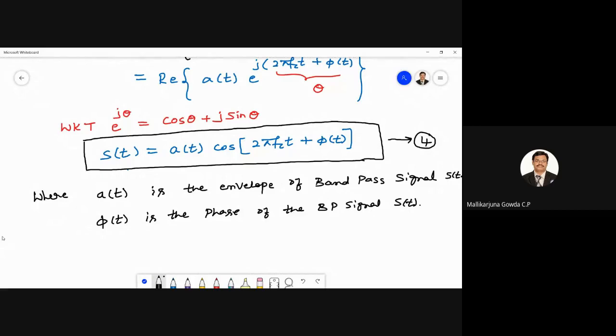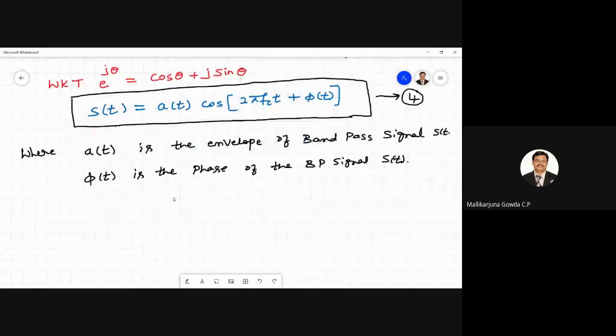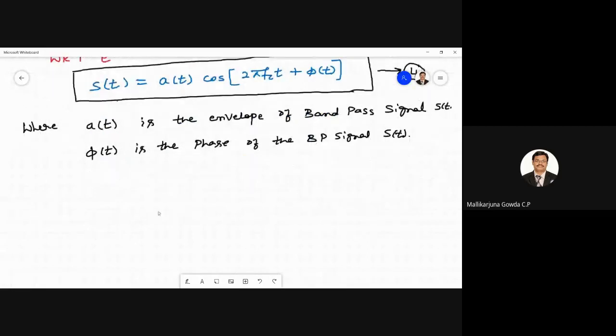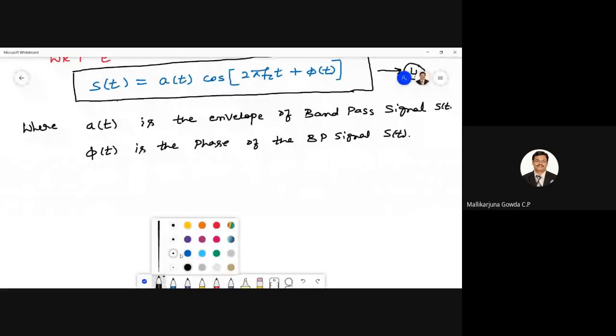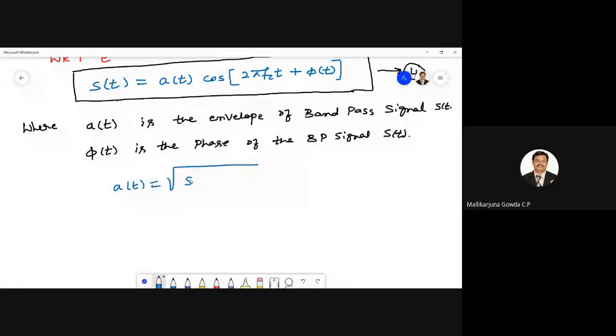So I can express the envelope A(t) as the square root of s_I squared of t plus s_Q squared of t.